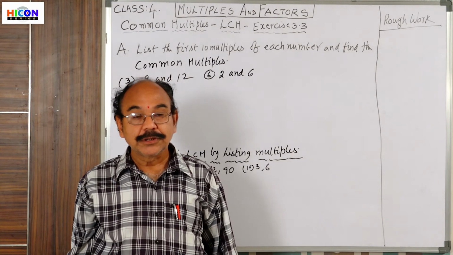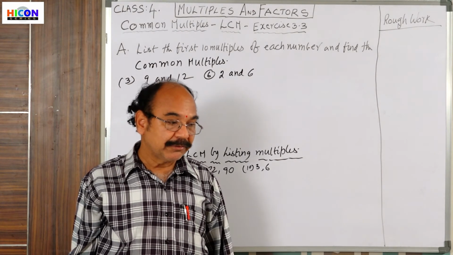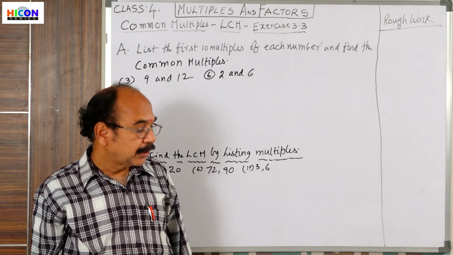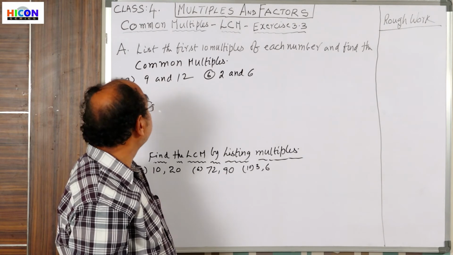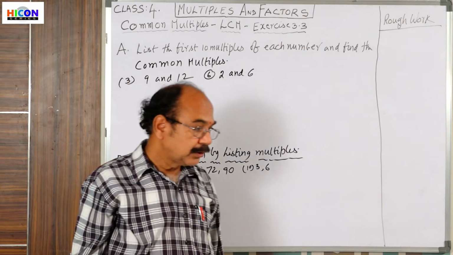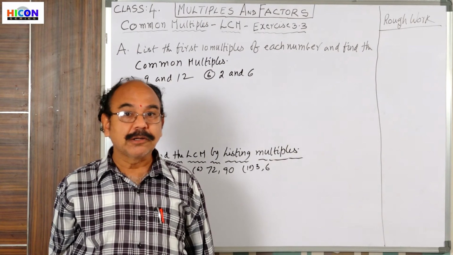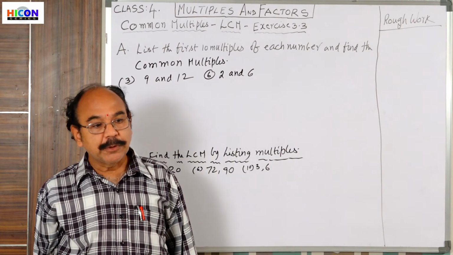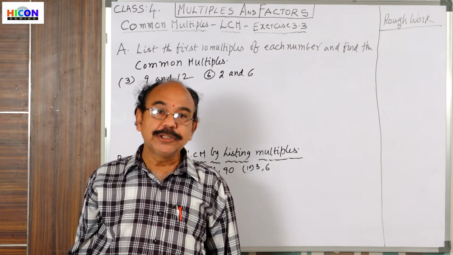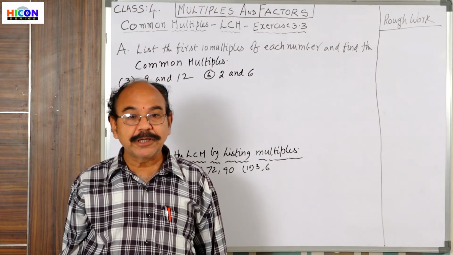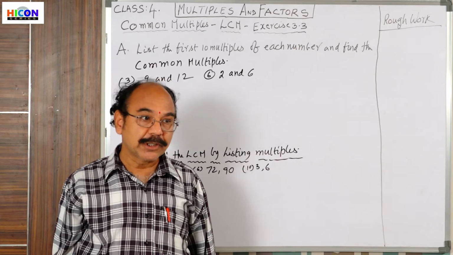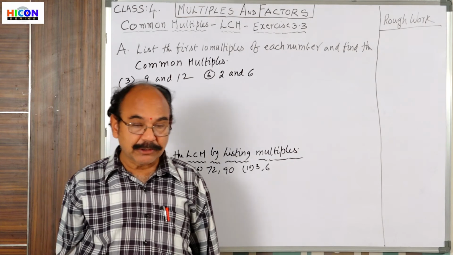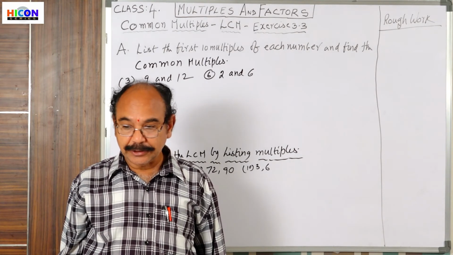Now in this class, we learn how to write the multiples and common multiples, and in the common multiples, what is the least common multiple. Least means smallest. The smallest common multiple, that also we have to find.